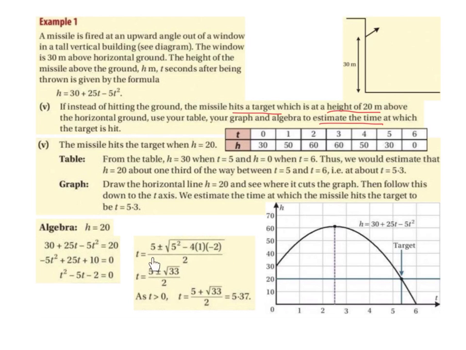That gives us 5 plus or minus the square root of 33, over 2. As t must be greater than 0, t is going to be 5 plus root 33 over 2, so we ignore the minus value. Putting this into the calculator and rounding off to 2 decimal places gives us 5.37, which is very close to our estimate from the graph, which was 5.3, and the estimate from the table, which was 5.3.